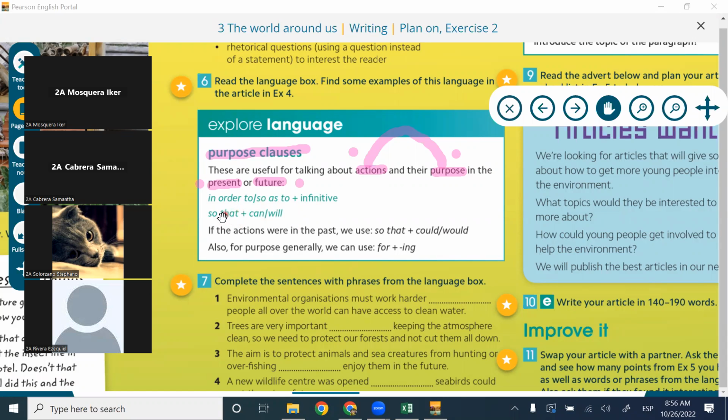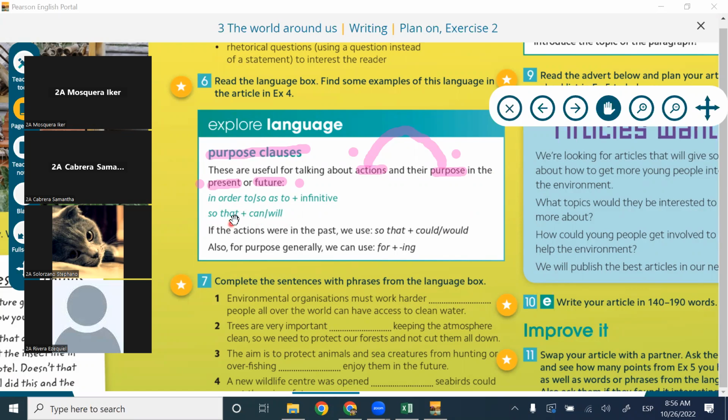The other expression is so that, connecting with can or will. Okay, so that students can do homework, so that teachers will prepare classes. This so that has a connotation very similar to in order to or so as to. But what is the difference? While with in order to and so as to I add an infinitive, with so that I add a noun that I connect with can or will.